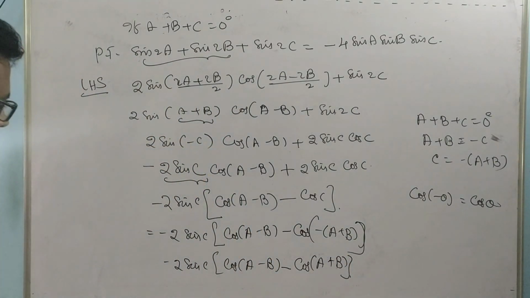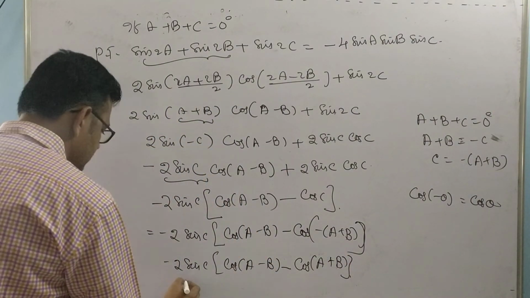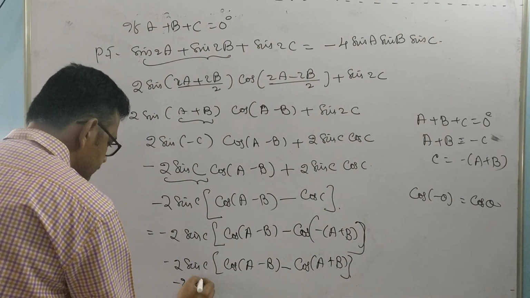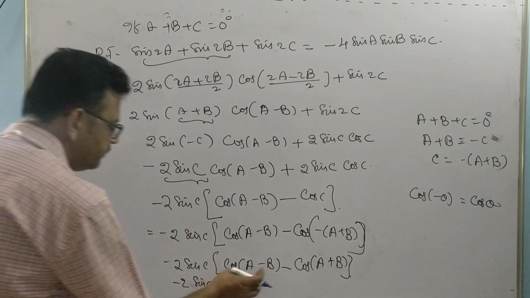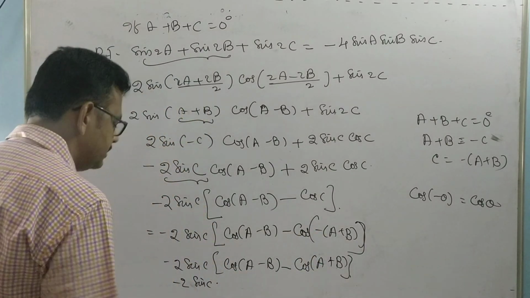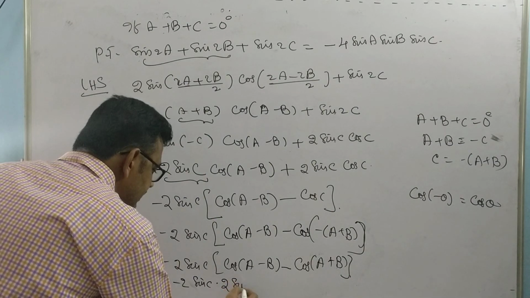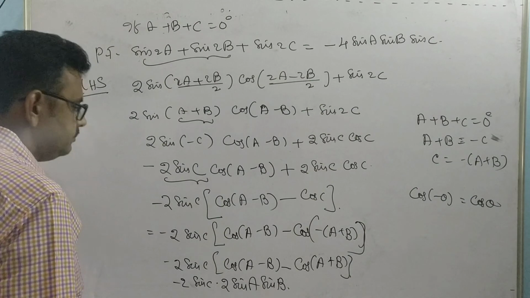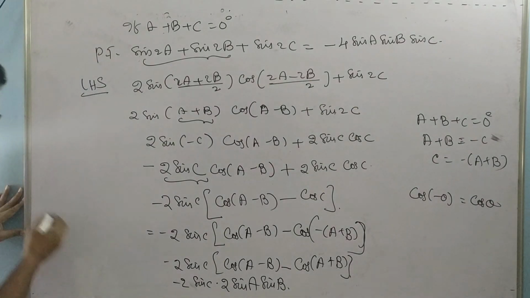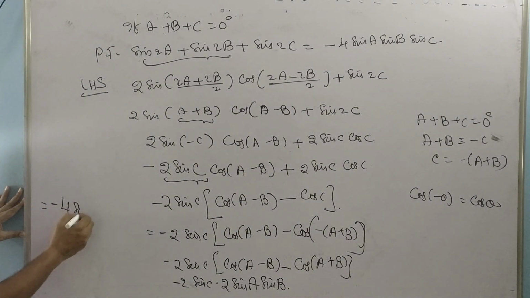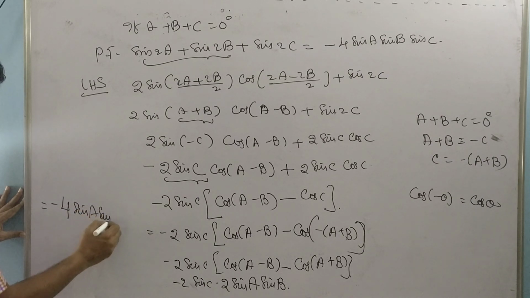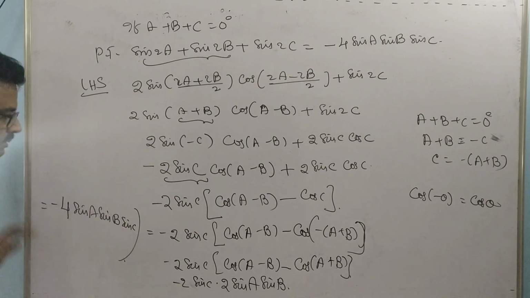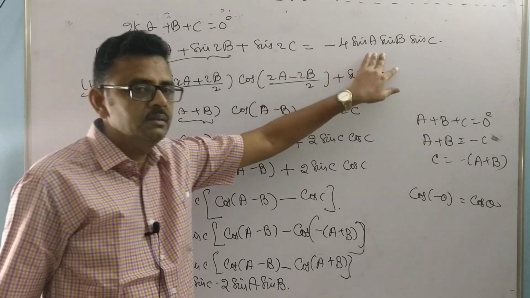So that is minus 2 sin C into cos of (A minus B) minus cos of (A plus B), which equals 2 sin A sin B. Therefore that becomes minus 4 sin A sin B sin C. Okay, this is the answer. Okay, thank you.